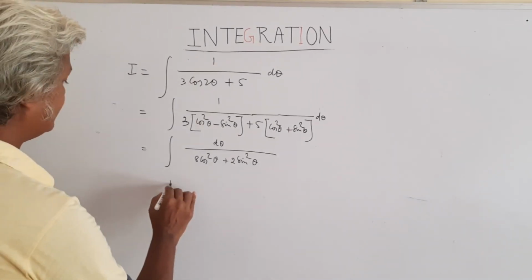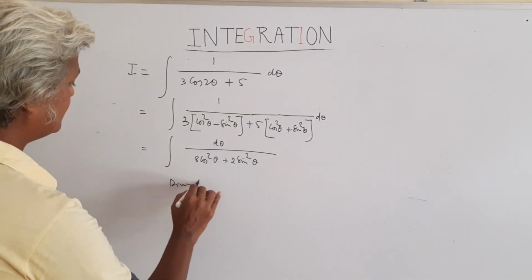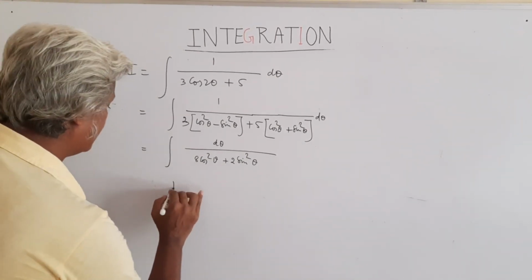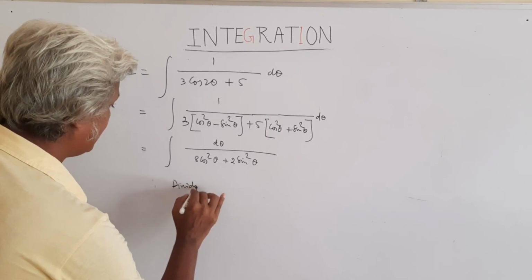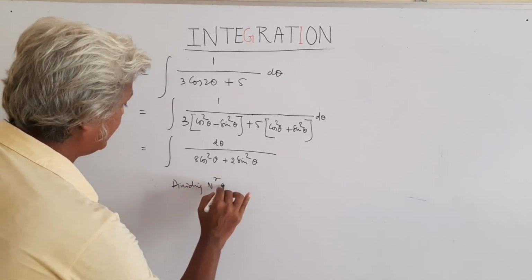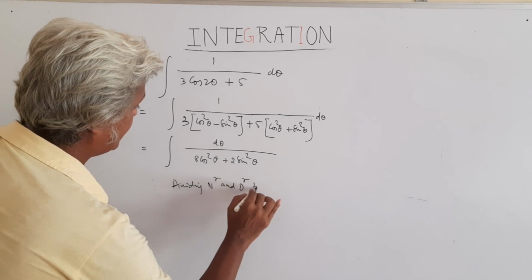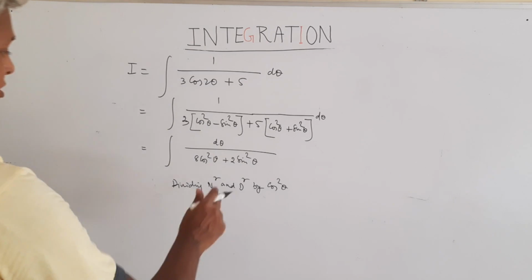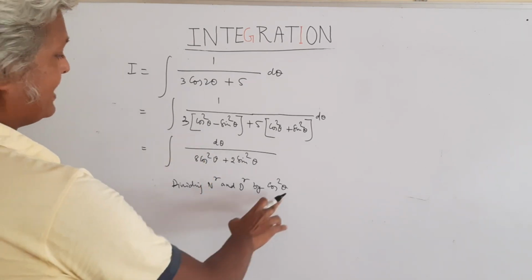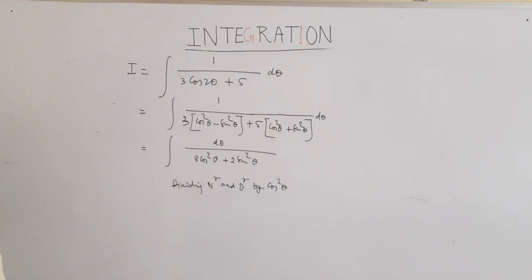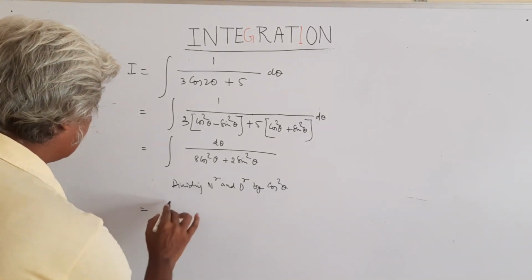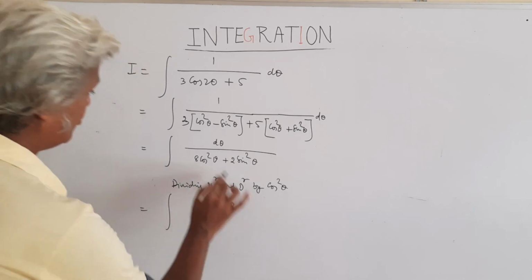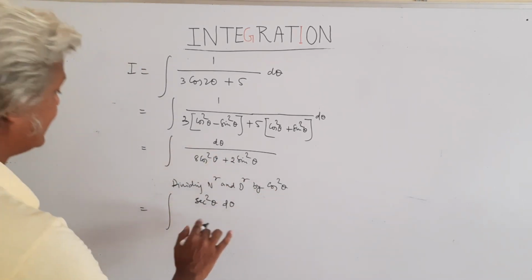Now, dividing numerator and denominator by cos square theta, when you divide the numerator, which has only 1, by cos square theta, you get 1 over cos square theta, which is sec square theta.